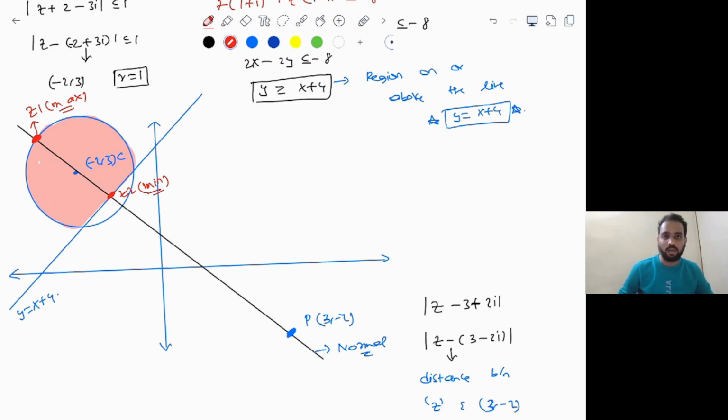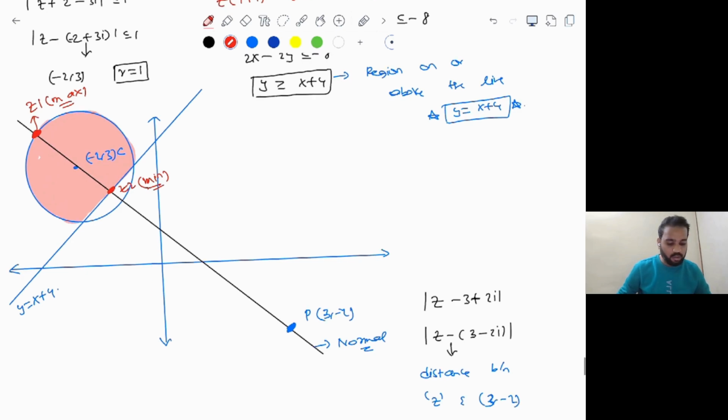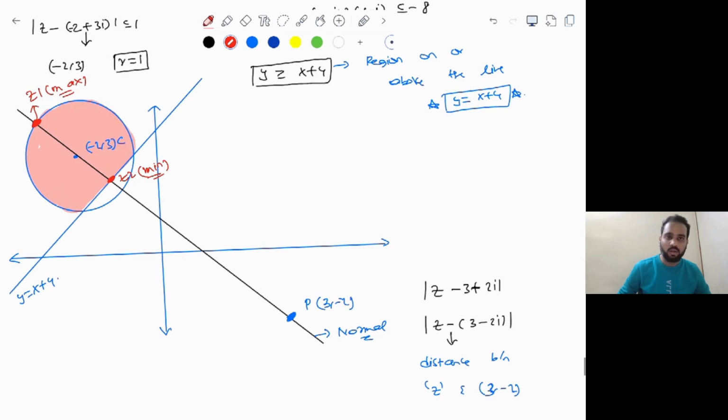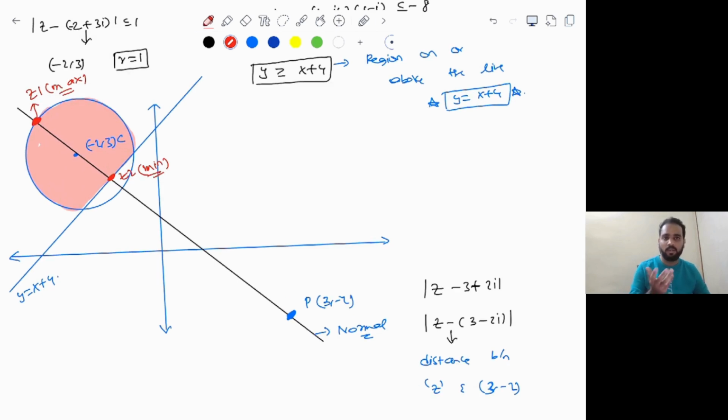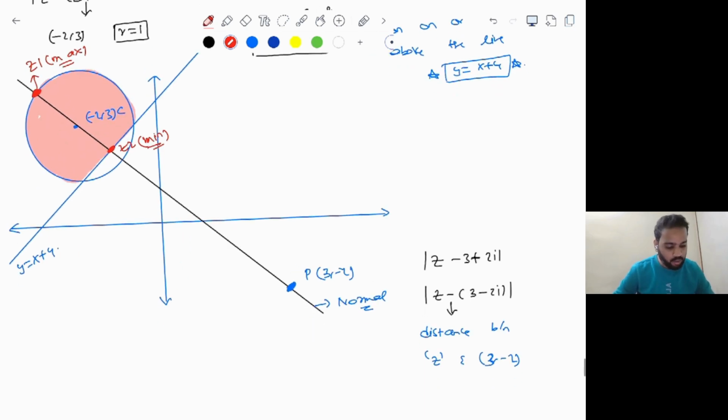Now the remaining part you can solve by yourself because if you want to find out Z1, we can use different methods actually. You can use the parametric coordinates concept. And if you do not want to do that, directly find out the straight line equation through P and C, that is the normal, because you have both the points, right? So I'm writing that directly and I'm leaving the calculation part for you.